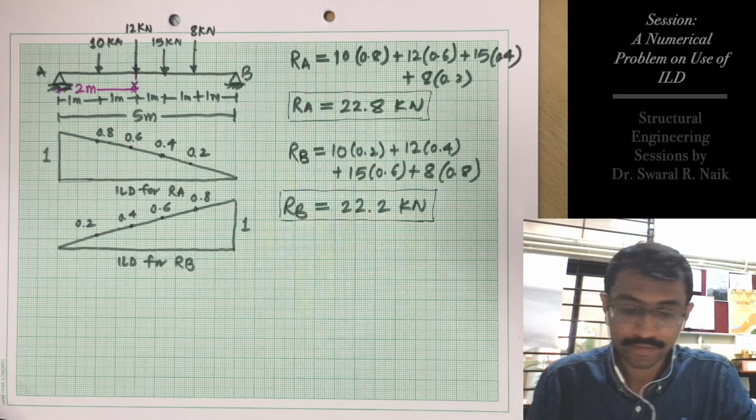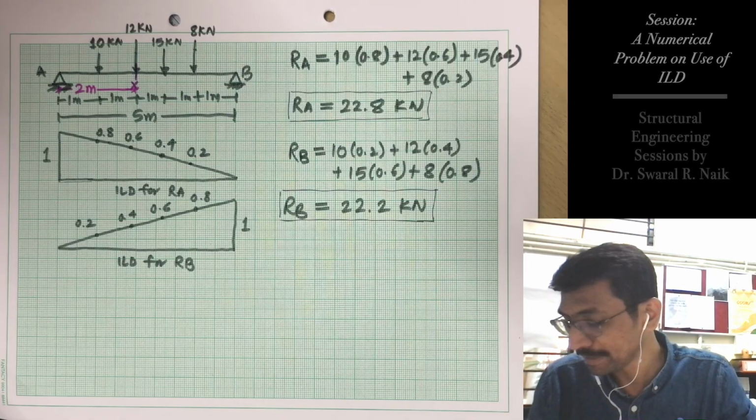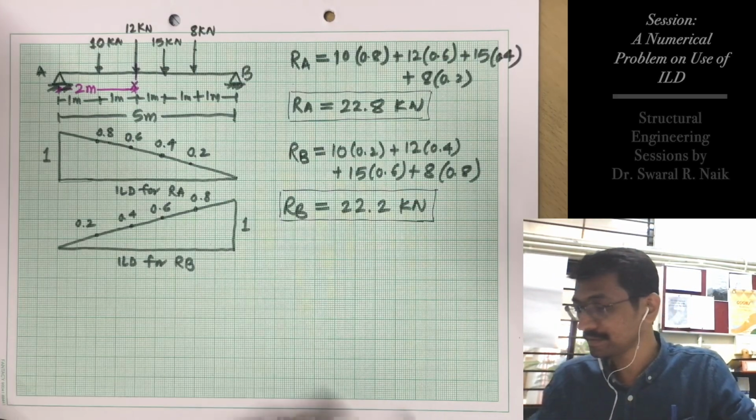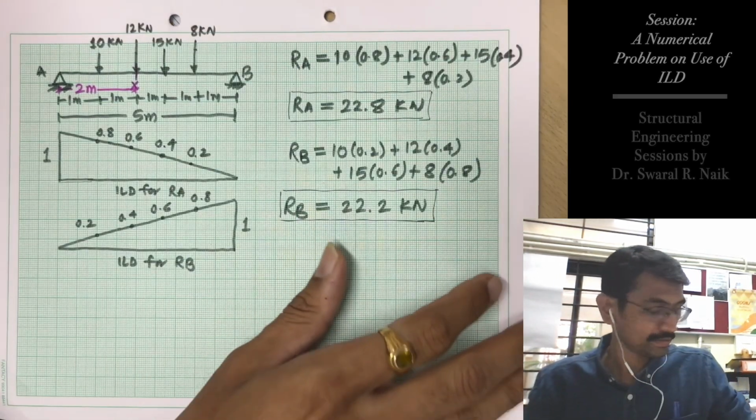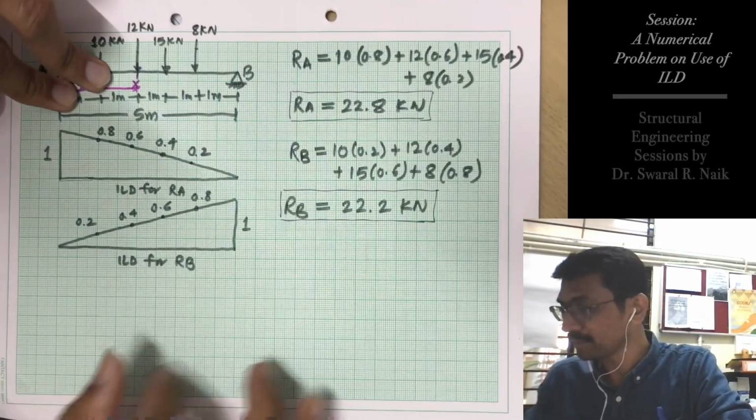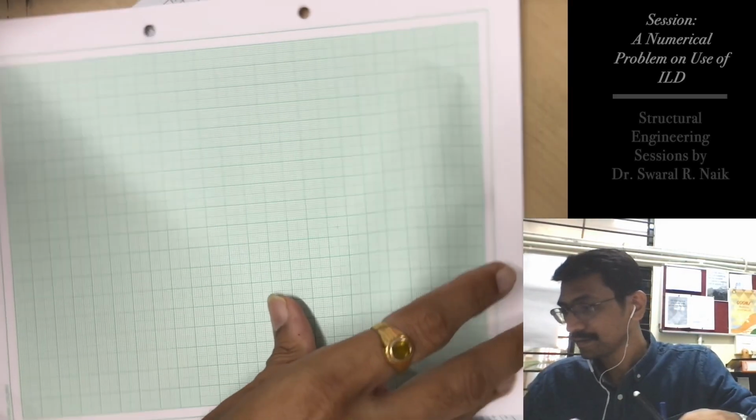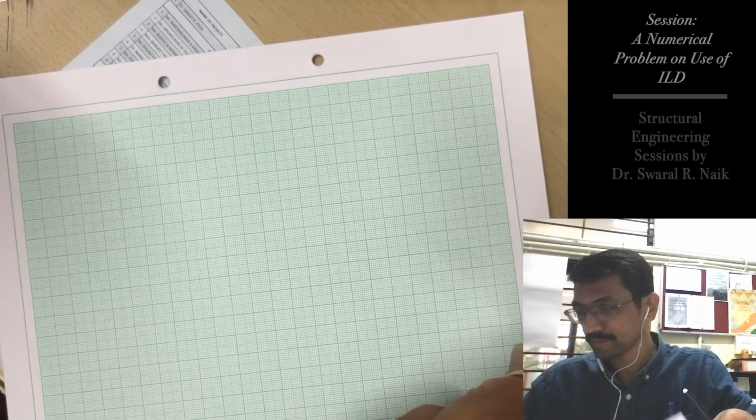Moving further, we will draw ILD for SFX and BMX. Let me draw it in another place, because it will not be accommodated here. Okay, let me use this.